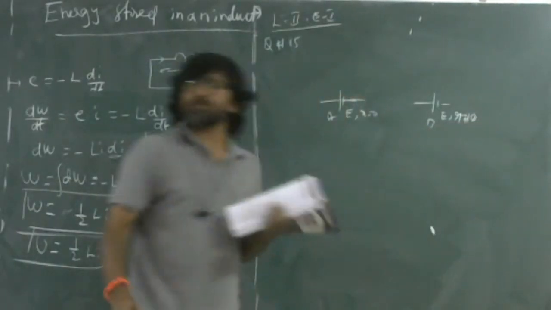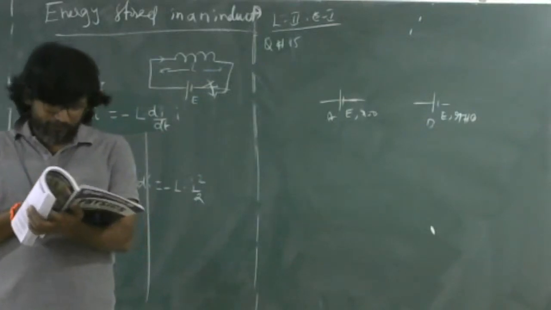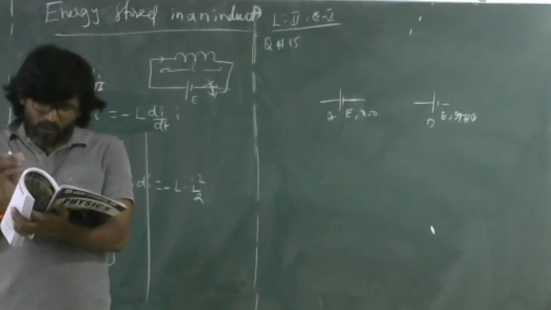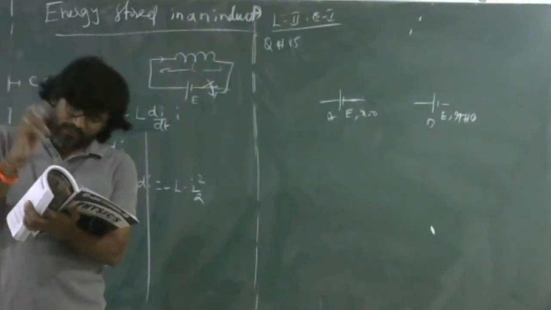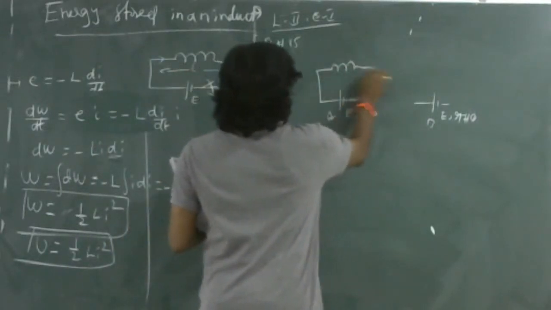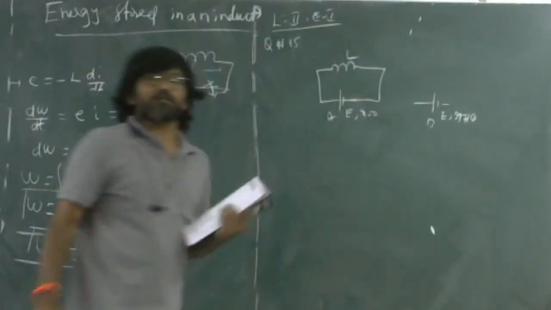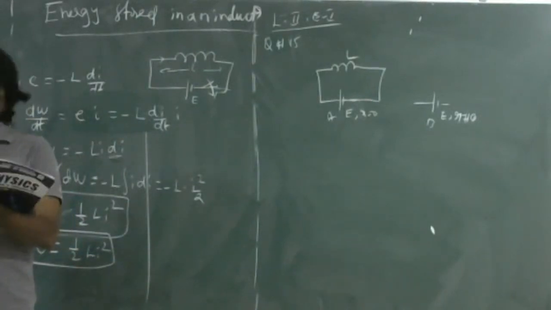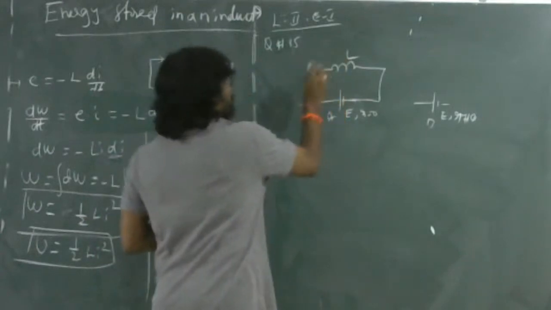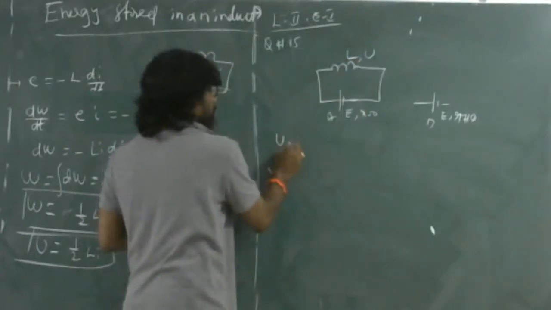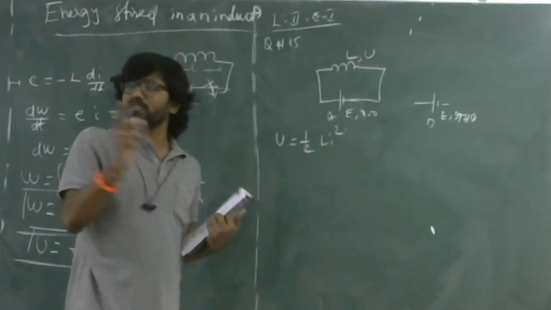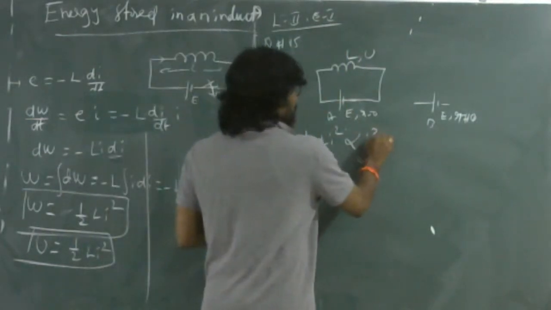Now the inductor is connected first to A, having coefficient of self-induction L. Then energy stored in the magnetic field of this is U. You know U is equal to half L I square. For a given inductor, L is a fixed constant, so you can say it is proportional to I square.